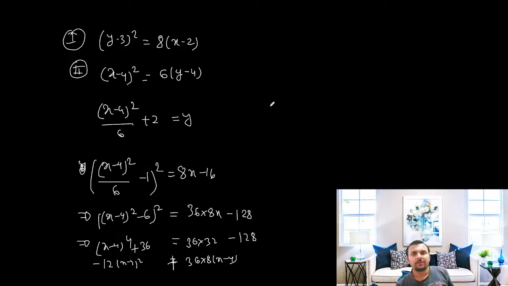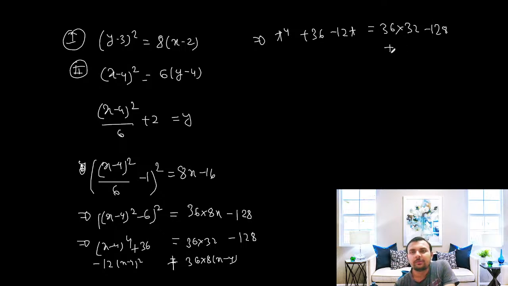This is minus 128 minus 4 plus 4, which is 36 into 32, and this is 36 into 8(x - 4), and this is (x - 4) to the power 4 plus 36 minus 12(x - 4) whole square. So we can simply say that it is t to the power 4 plus 36 minus 12t equal to 36 into 32 minus 128 plus 36 into 8 into t. If you solve it, it is nothing but 32 into 4, which is going to be 32 whole square, plus 36 into 8 into t.